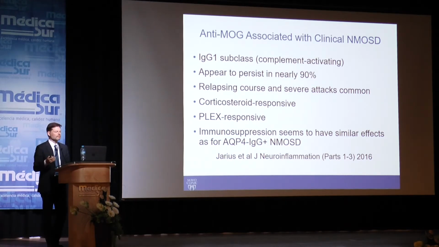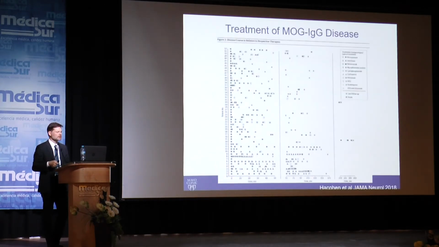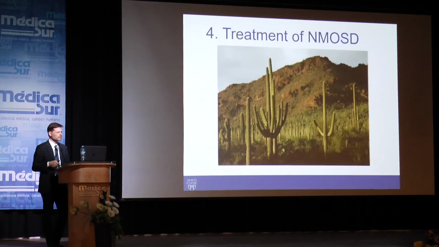So despite the marked differences in pathobiology, the treatment responses and the behavior of the disease are similar. This is a schematic of relapsing disease over time, a scatter plot that looks very much like what you'd see with aquaporin 4 disease. They seem very similar. So finally, how do we treat these patients?